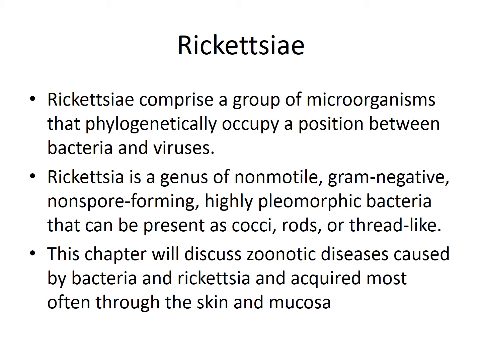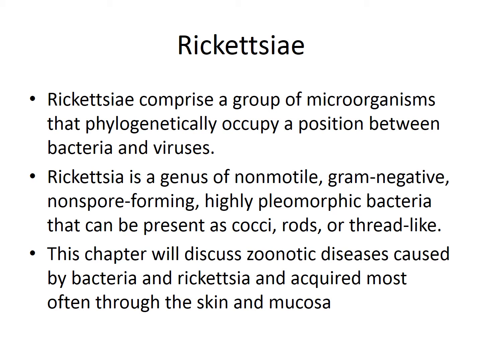So they can present themselves as the shapes of all the different bacteria. We know from microbiology that we have shapes that are cocci, rods, which are our bacilli, spirochetes. So these little guys can present themselves as one and then transform themselves into another shape.